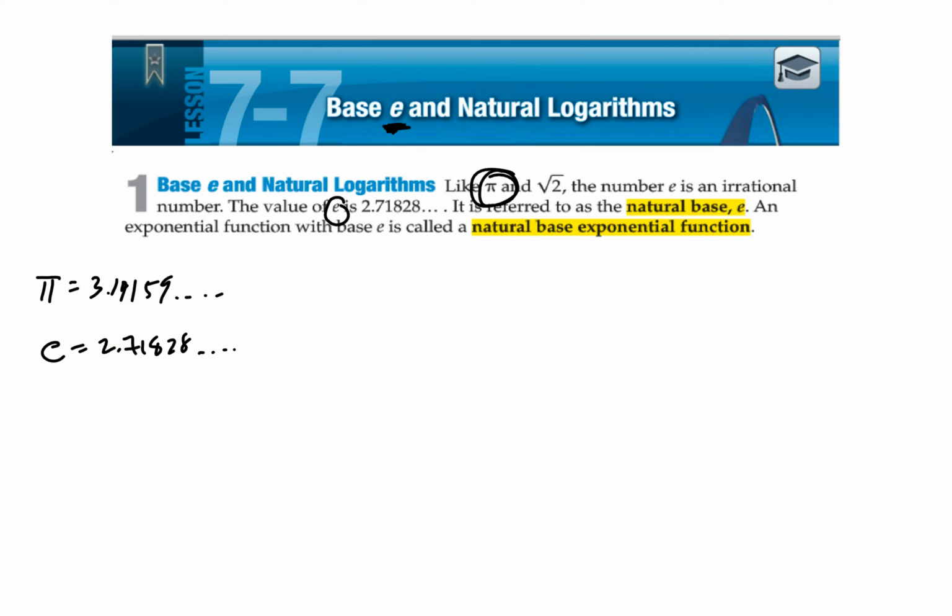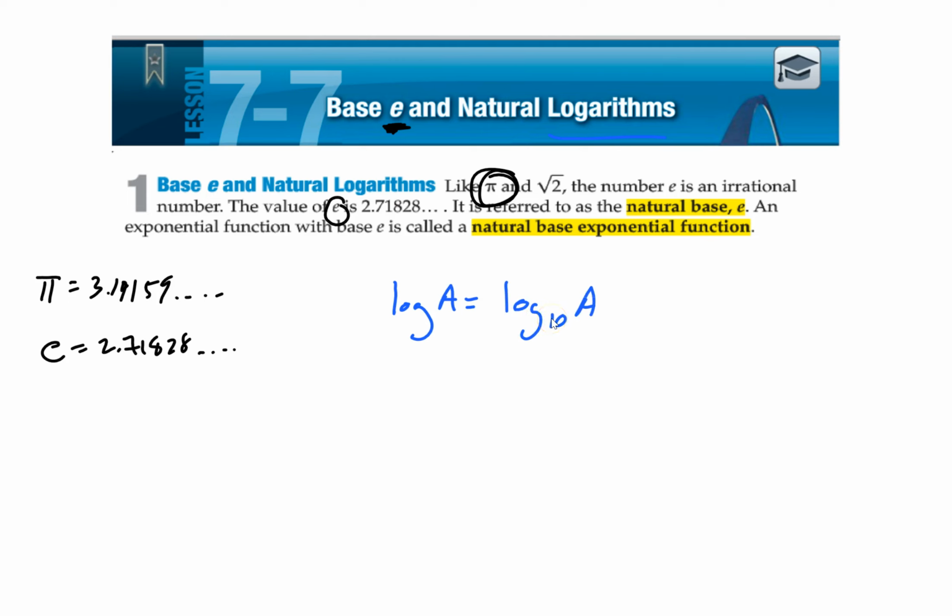Okay, so why is that important? Well, if you remember from the last lesson, we have a couple of special logs also, right? Log without a base, the common log we talked about last time. That one's a special one, that is log base 10.